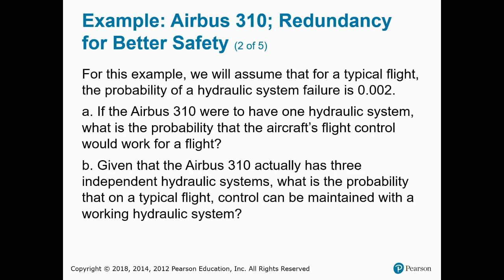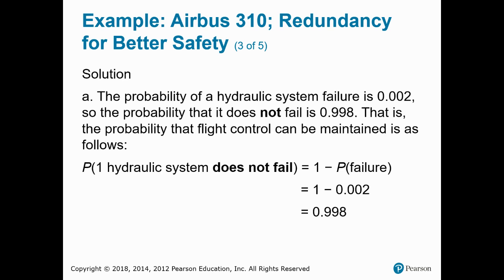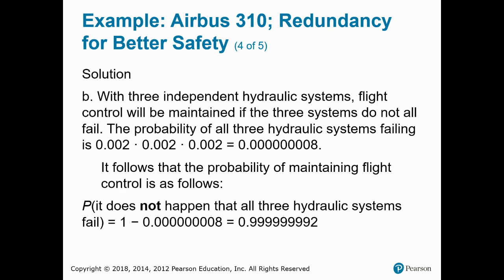Part B says, given that it actually has 3 independent hydraulic systems, what's the probability on a typical flight that control can be maintained with a working hydraulic system? So for part B, we're taking 3 independent events here. We have probability of failure for the first hydraulic system, it's 0.002.